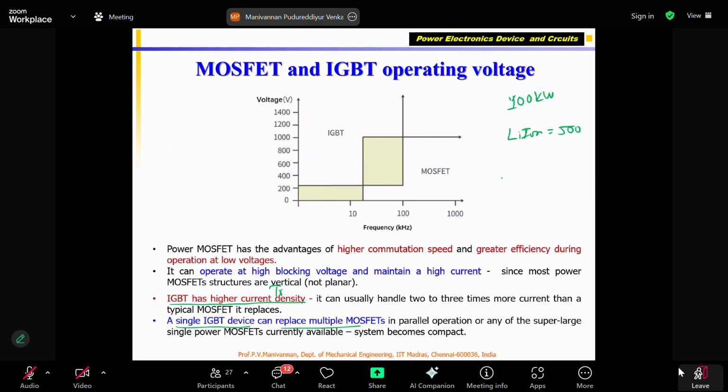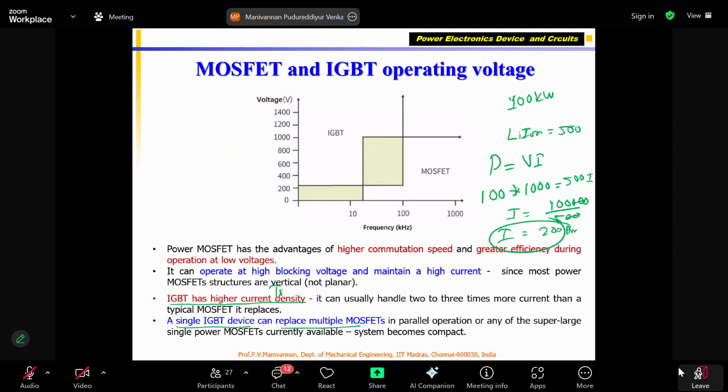P equals VI. So 100 into 1000 watts equals V, which is 500, times I. I equals 1 lakh divided by 500. Two zeros are gone, 5, so that means 200 amps current is going to flow. Yeah, there's one more zero I missed. 200 amps current will flow.